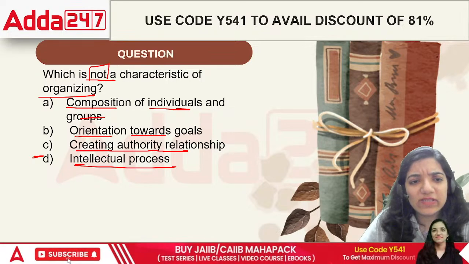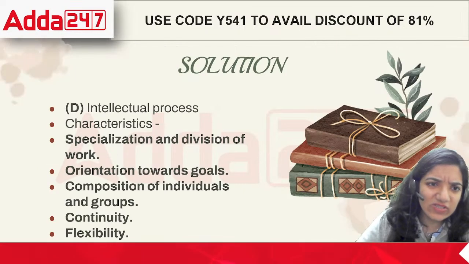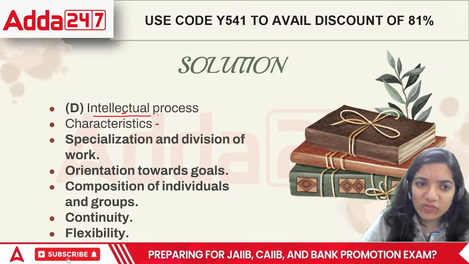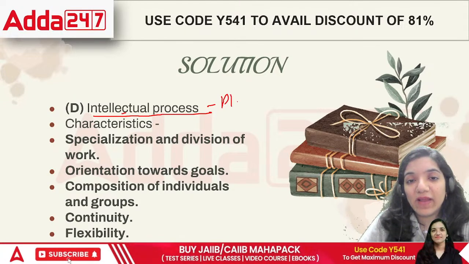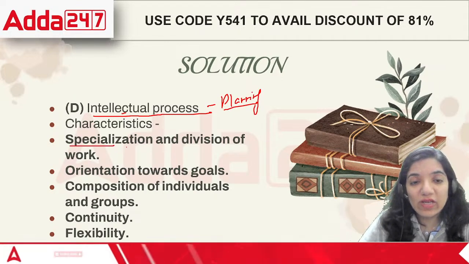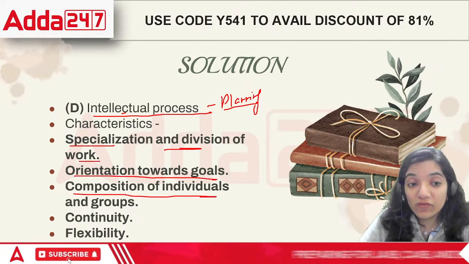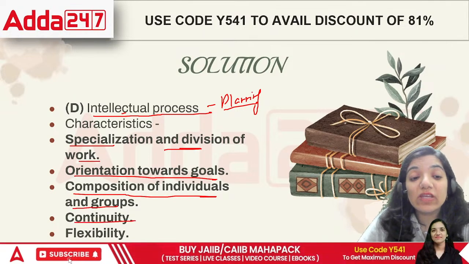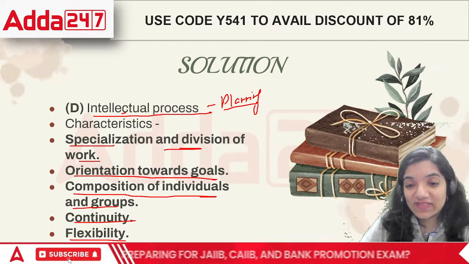Orientation towards goals, creating authority and responsibility relationships are important too. Intellectual process is the one that is not. Intellectual process is basically planning. Planning can be called an intellectual process. So specialization and division of work, orientation towards goals, composition of individuals and groups, continuity, flexibility, these are all characteristics of organizing. Right?